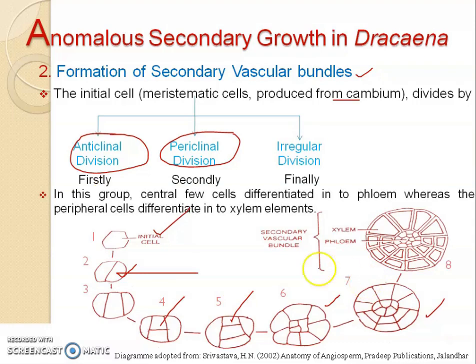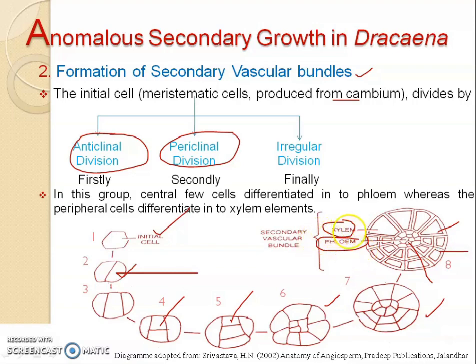In this group of cells, a central few cells differentiate into phloem, whereas the peripheral cells differentiate into xylem. This is the central cells which differentiate into phloem, and this is the peripheral cells which differentiate into xylem.